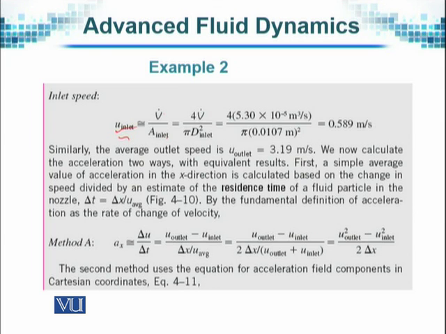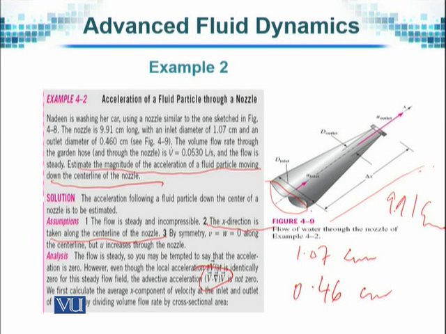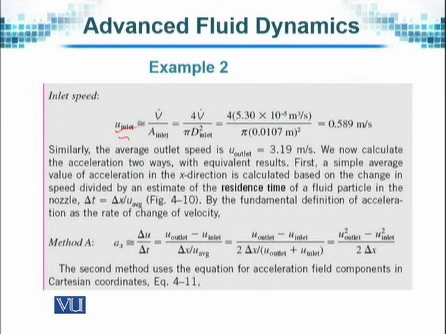Since the nozzle here is circular, you will know that this surface area is defined by pi r square, and hence A inlet can be replaced by pi r square.